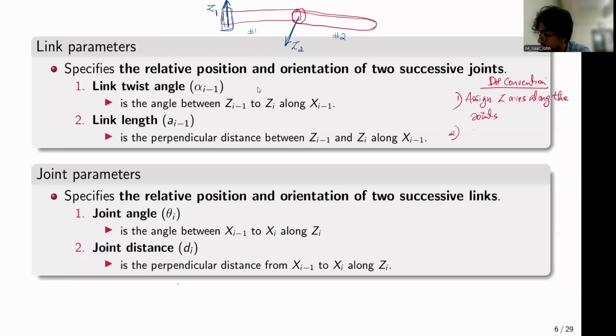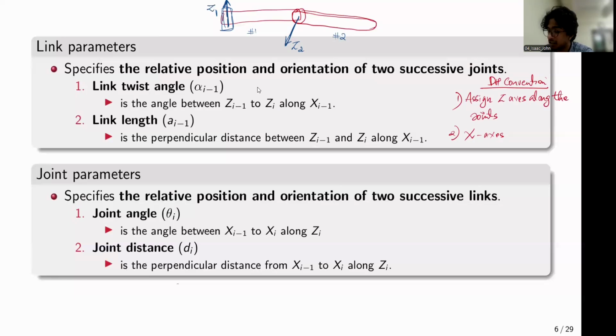And the second step is to assign the x-axis for all these frames of reference. So the way to assign the x-axis is that you have to look at the current z-axis, Z1, and the subsequent z-axis, Z2, and the x-axis for the current joint should be orthogonal to the current z-axis and the subsequent z-axis.